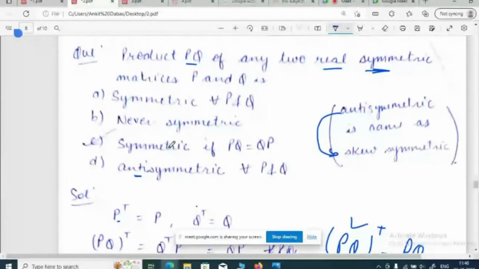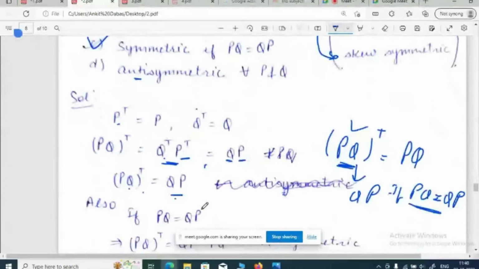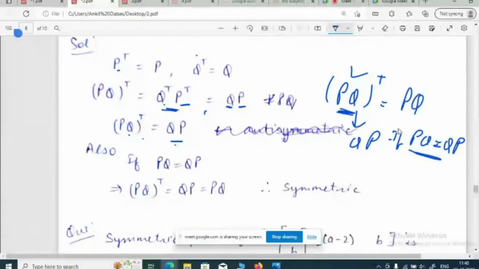Third is symmetric if PQ is equal to QP. We have computed this, so this is the right option. Next is antisymmetric for all P and Q, which again does not hold because if PQ was an antisymmetric matrix, then we would have got that (PQ) transpose is equal to minus PQ. But QP is not equal to minus PQ, so option 4 is also incorrect.